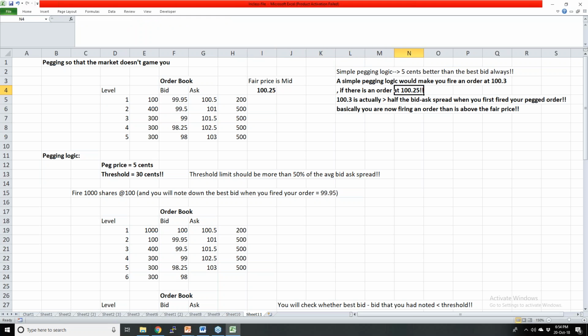So this 100.25 order has actually made you pay a price, because you've now fired a buy order that is greater than the fair price. This threshold thing would avoid such things. That is all.